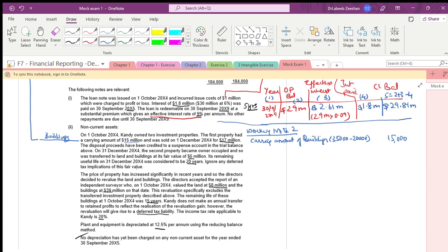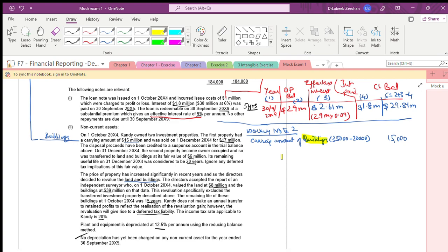Now, the price of the property increased in recent years, and so the director decided to revalue the land and buildings. The carrying amount is 15,000.